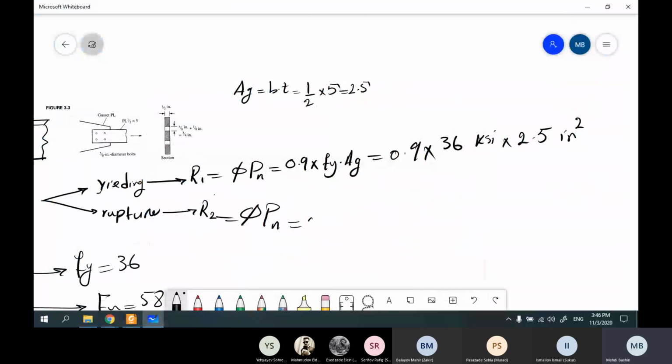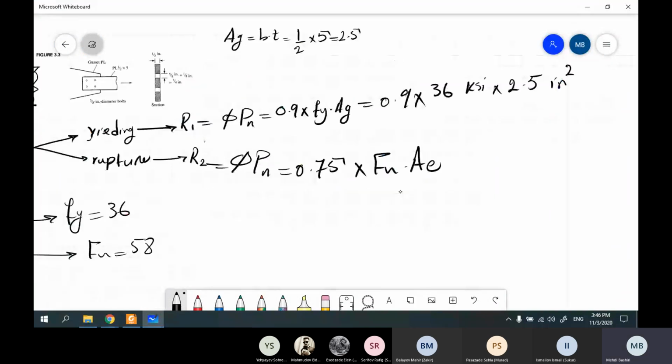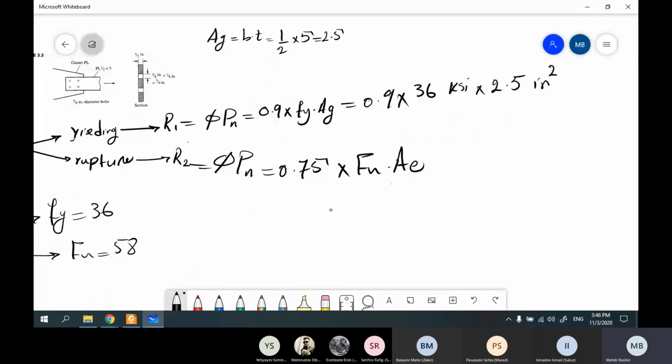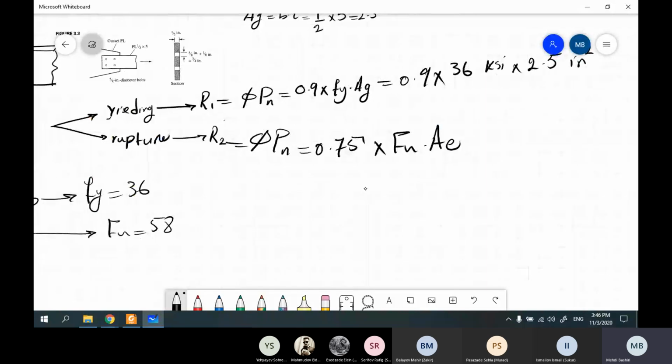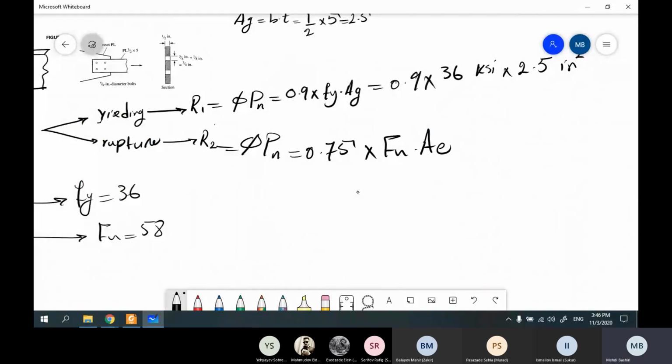So here we have 0.75 Fu Ae. I'm going to explain Ae in the next class, but for now you should know that Ae is equal to U An, and for this case U is 1.